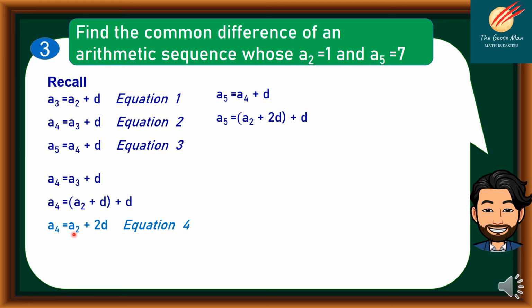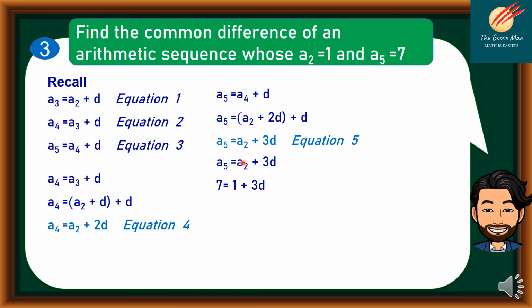So a sub 4 is equal to a sub 2 plus 2d. Substitute that. Then I can now have equation 5, the fifth term, which is equal to the second term plus 3d.